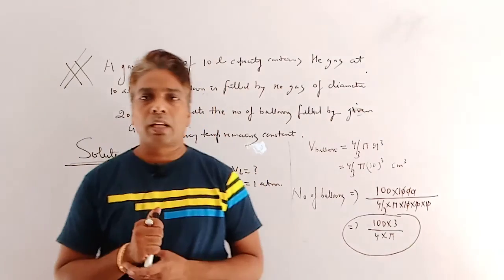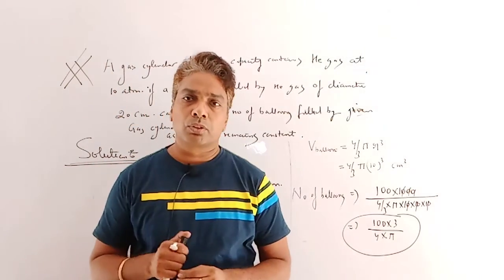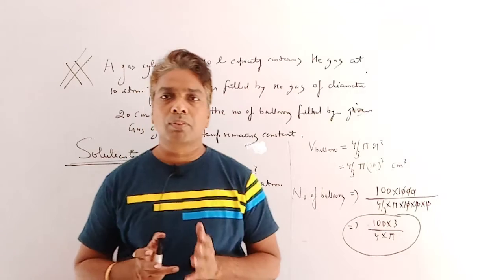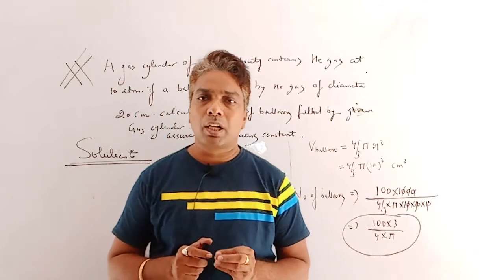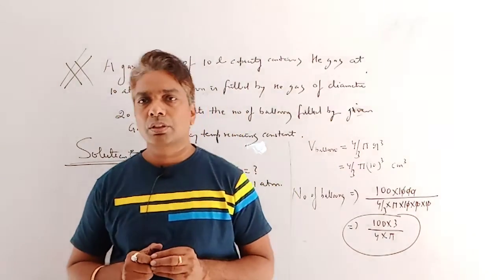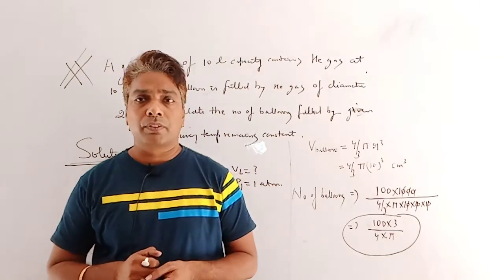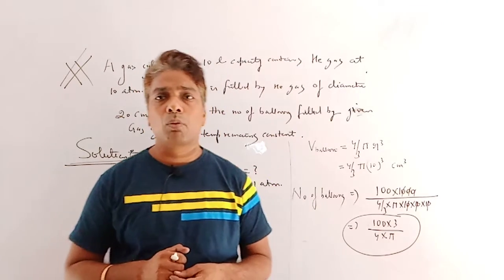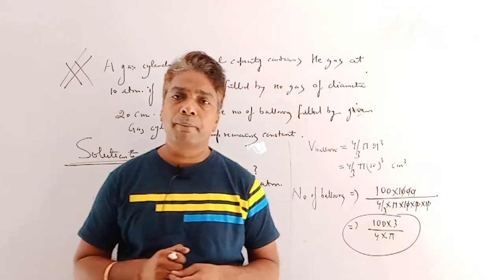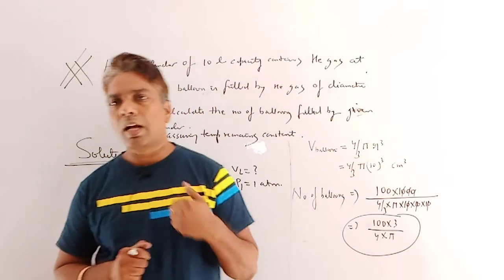So firstly we calculate the total volume of the gas at 1 atmosphere. So by using Boyle's law, since temperature remains constant in this question. If the temperature is varied, then by using the gas equation we can easily calculate how much volume is occupied by the helium gas when it is leaked from the cylinder to the atmosphere.